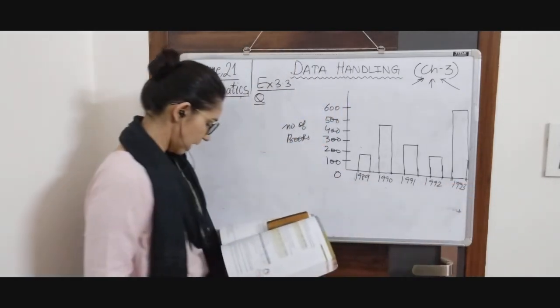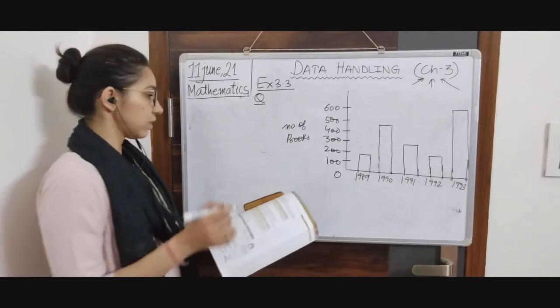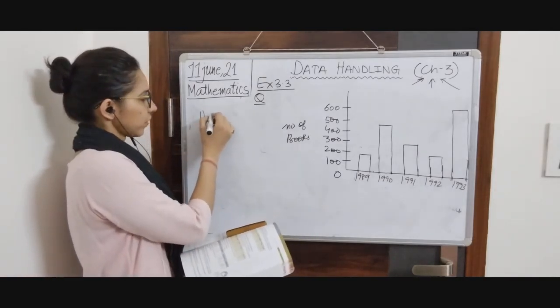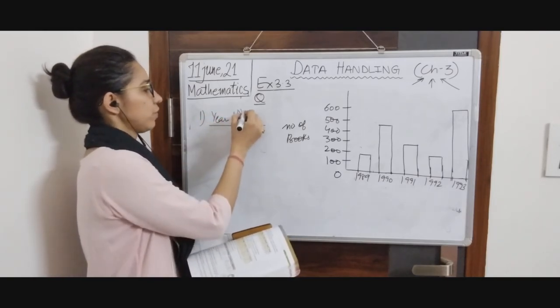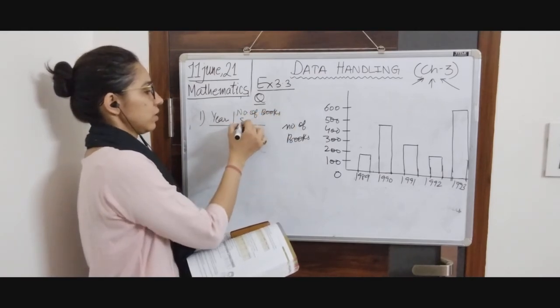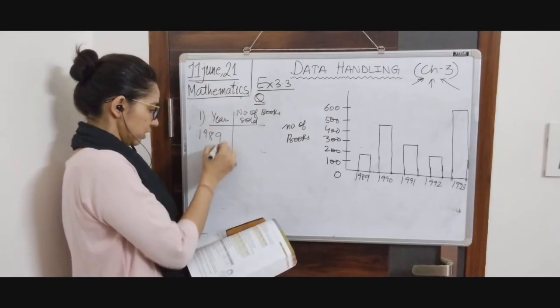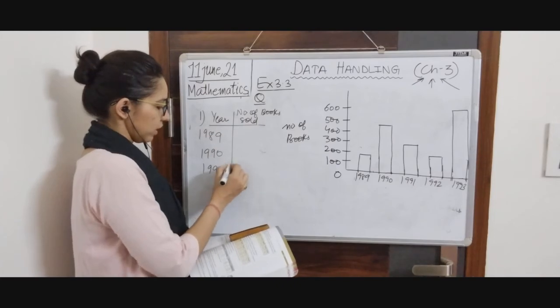We have to tell about how many books were sold in 1989, the first year, and the number of books that were sold in that year. So first year is 1989, then we have to tell in 1990, then in 1992.